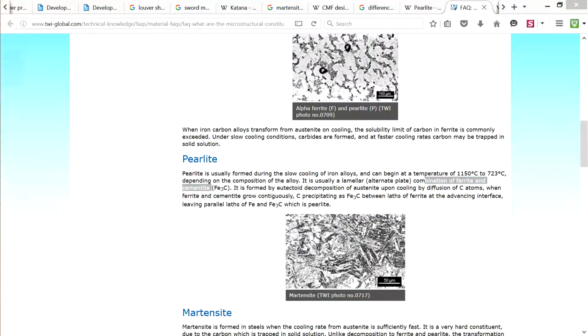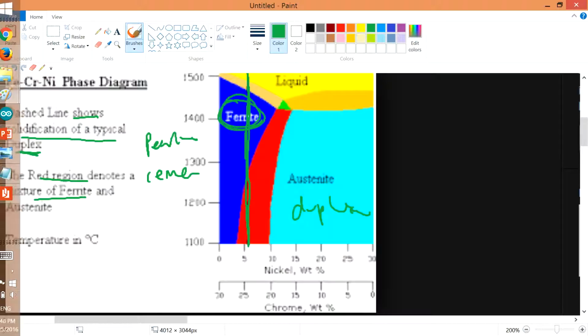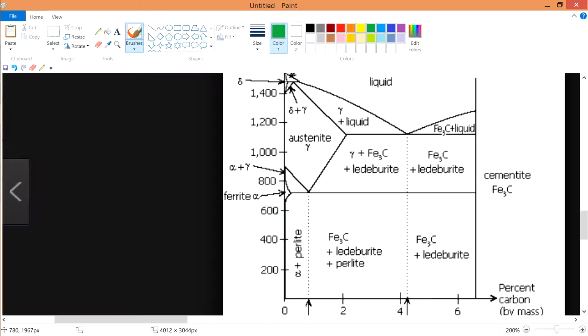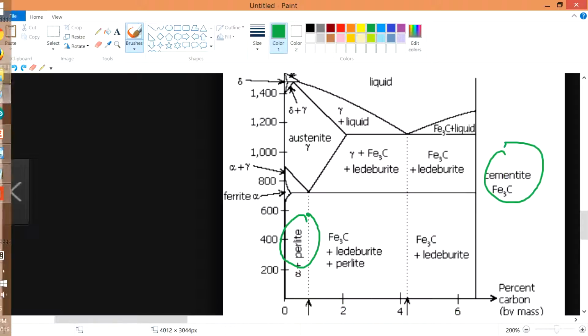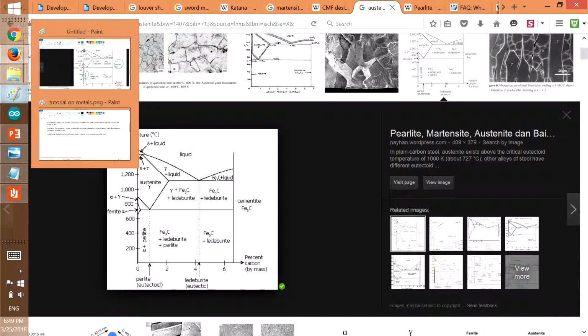So if you mix pearlite with cementite, you get a form of ferrite. I don't know where exactly ferrite is in this picture, but that's the meaning. Although not very clear, at least you get a name.